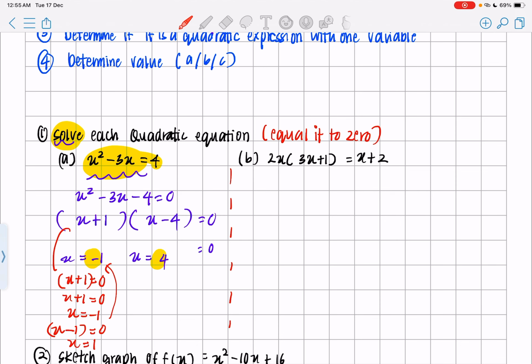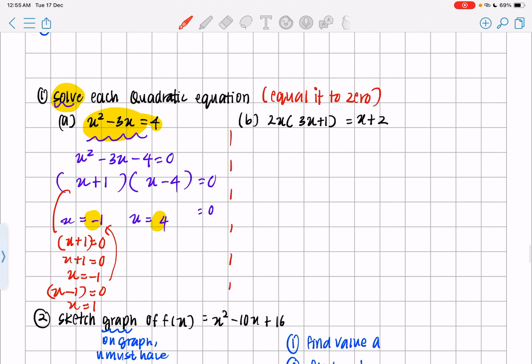Okay, second type, when you jumpa this kind of questions, nafas dalam, buat slow-slow. So 6x square plus 2x minus x plus 2, and then jadikan dia equal to 0.